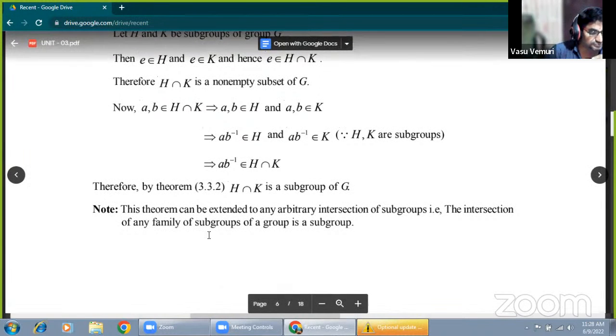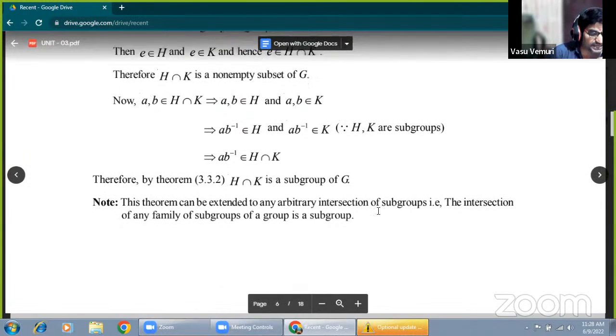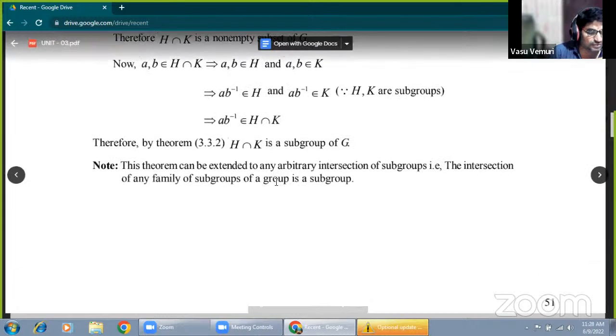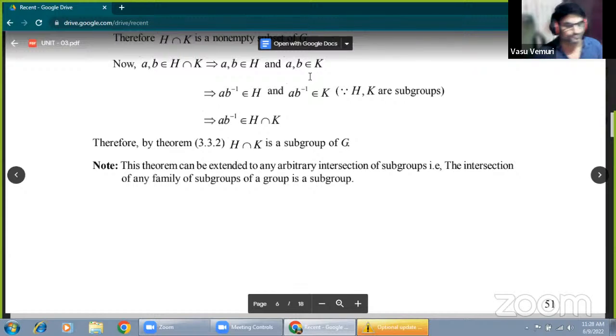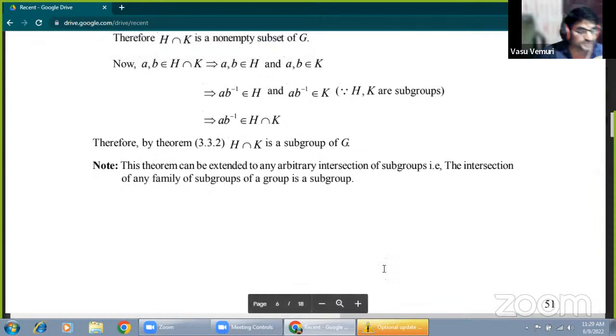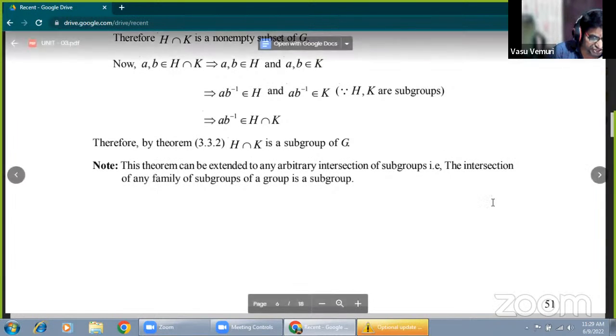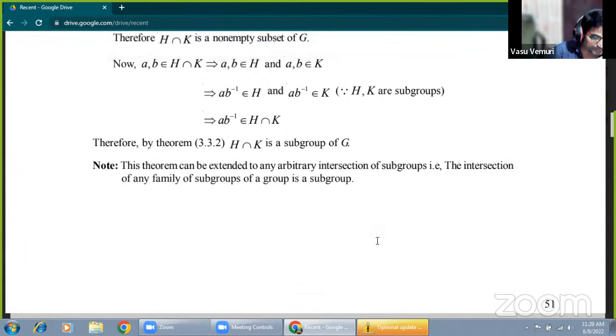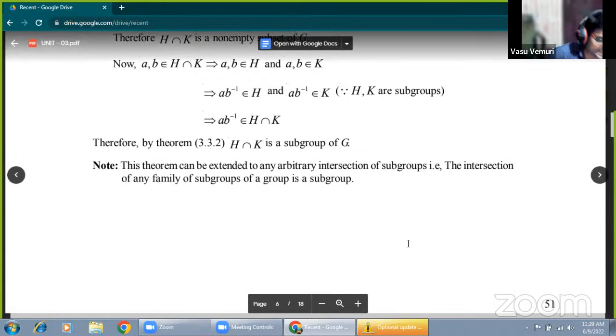Okay. Now, in the same manner, there is another theorem. What is the extended part? Only two subgroups were considered, but there can be a number of subgroups, that is, an arbitrary family. The arbitrary intersection of a family of subgroups is a subgroup. That is the intersection over i of Hi, where i belongs to capital I, the index set.